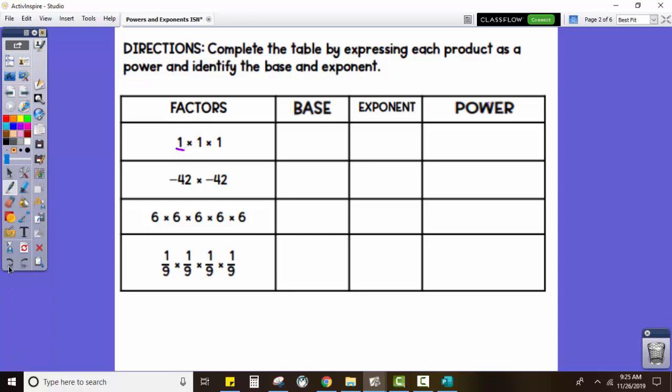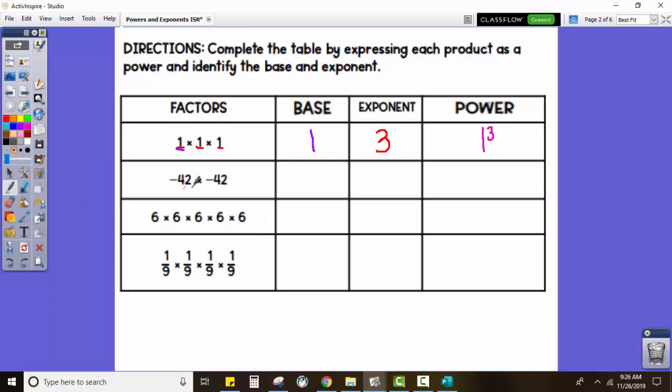So in this case, it's 1. So my base is 1. My exponent is how many times it was multiplied here. So I can see there's 1, 2, 3 times. So my exponent is 3. So then to write the power, I write 1 to the 3rd power. Remember, the base is the bigger number, and the exponent is written to the top right.